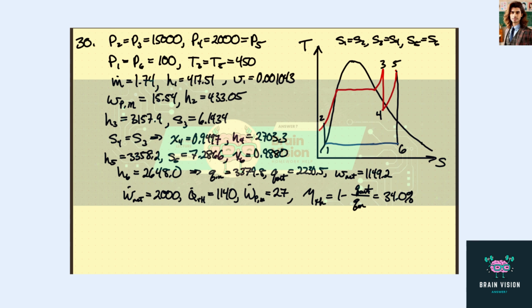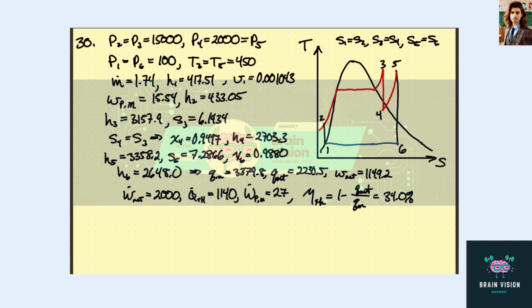Now, we can multiply by the mass flow rate to get the actual power output, and that turns out to be almost exactly 2,000 kilowatts, or 2 megawatts. Now, to get the reheat heat flow in, we need to look at this section here.